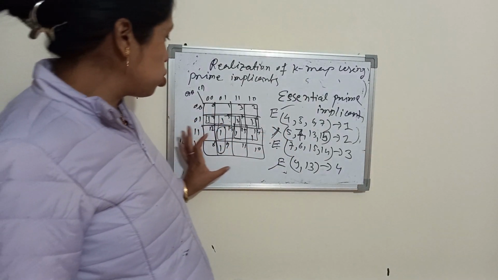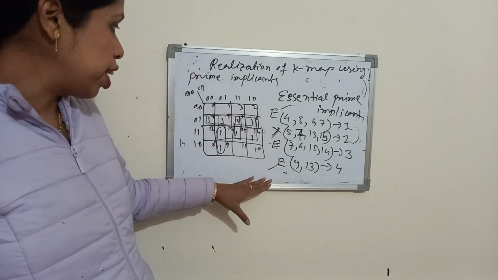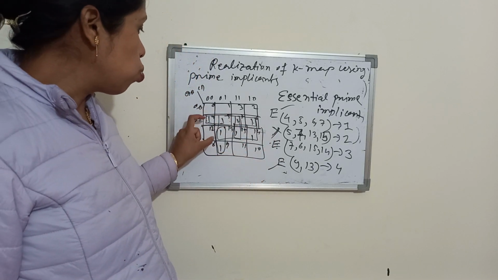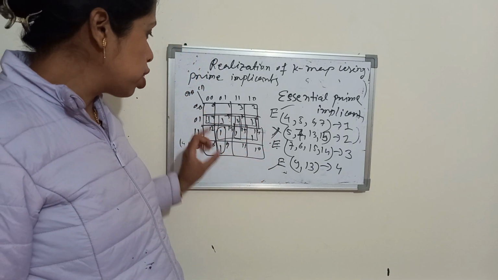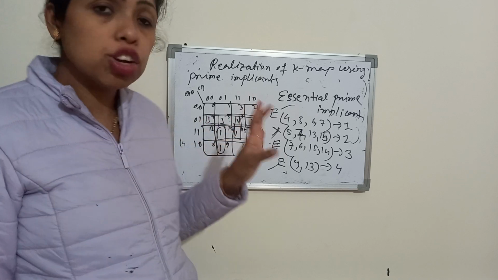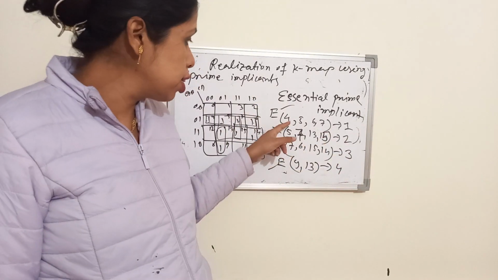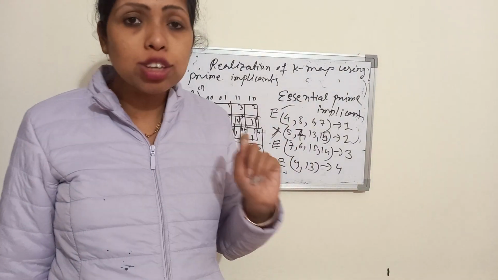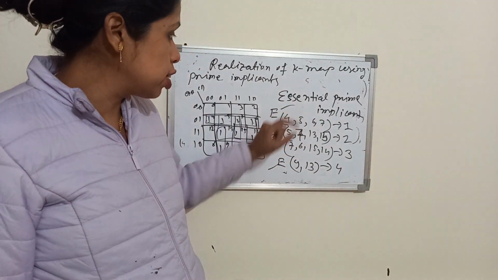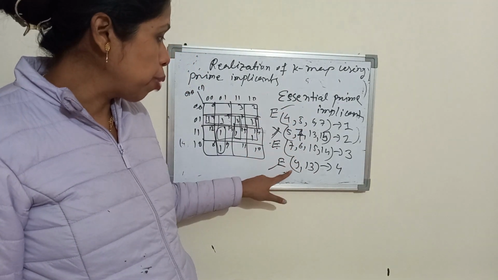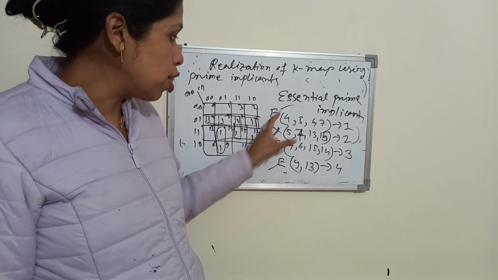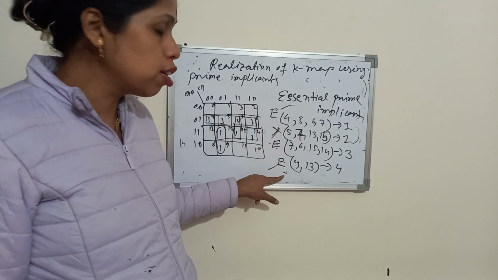Suppose we check all the groups I have created, and now we are checking which group we have to consider. Suppose I am considering individual groups. For considering a group, you have to check that no one should be left. So I am considering this group, this group, this group. Now you can see all the minterms are present in these three groups.